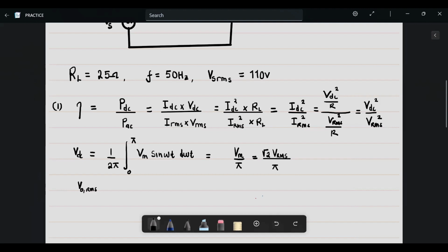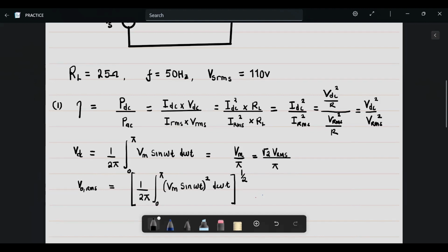So this is equal to 1 over 2 pi, the same formula, integrating from 0 to pi, Vm sin omega t squared, right? It's mean square, so you have to square this function, d omega t. Root mean, so you need the square root, to the power 1/2. So this is the square root.